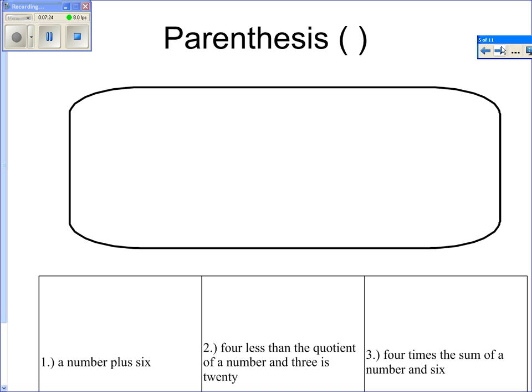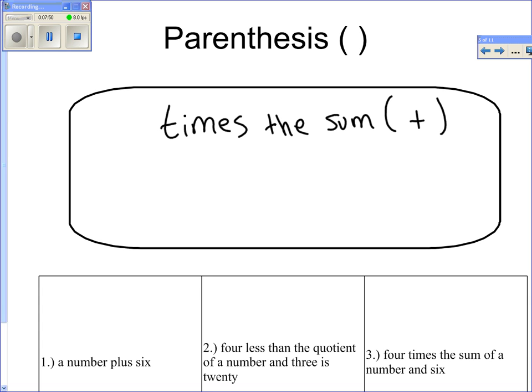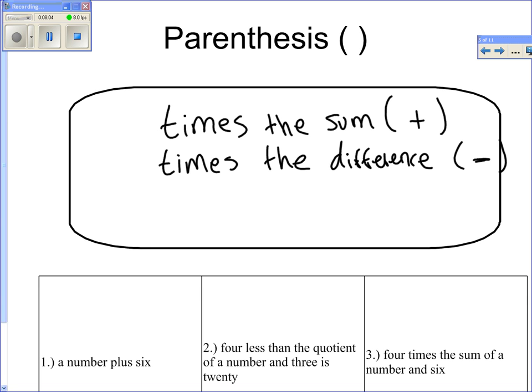Okay. The next idea was parentheses, and this is just something I wanted to bring up because it seems like a lot of you have trouble when you do see parentheses. So a couple of things that you can remember. Times the sum means that you're going to have a parenthesis and there's going to be some form of addition inside the parentheses, as opposed to times the difference, where you'd also have parentheses and you'd have subtraction going on.